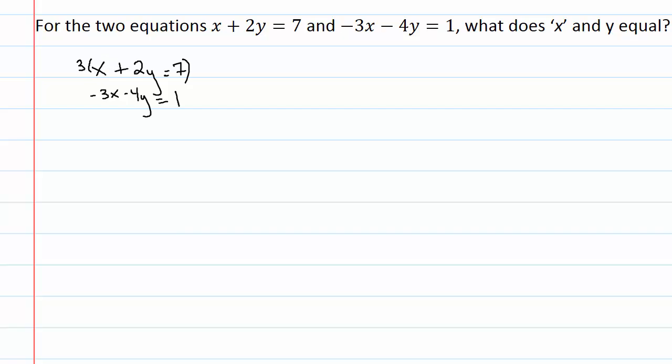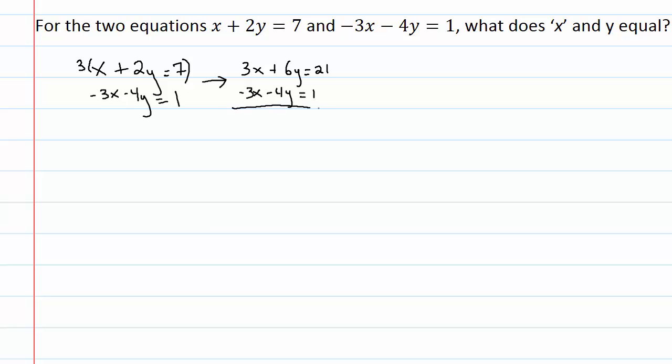Or if you'd like, you can multiply by 2 to cancel out the y. Now when everything's distributed, the top equation will be 3x plus 6y equals 21, and the bottom equation will be negative 3x minus 4y equals 1.